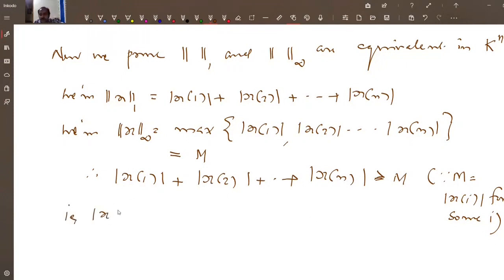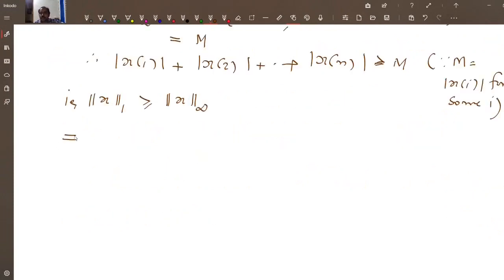That is, one norm of x greater than or equal to subnorm of x. So this implies subnorm of x is less than or equal to one norm of x. Take it as equation 1.